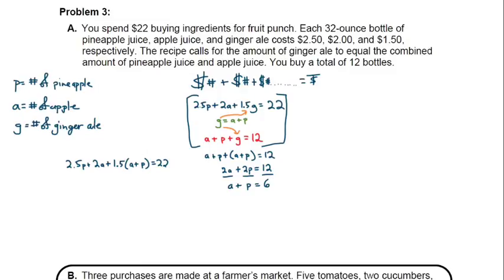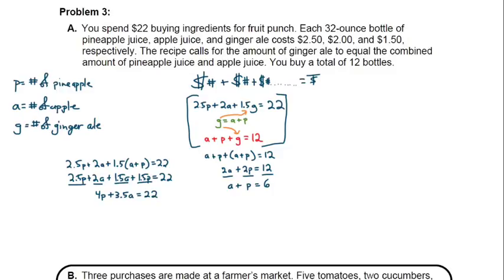So 2.5P plus 2A plus 1.5A plus 1.5P equals 22. Start combining terms. So my P's, 1.5 and 2.5 is 4, so it's 4P. 2 plus 1.5, that's 3.5, so plus 3.5A equals 22.